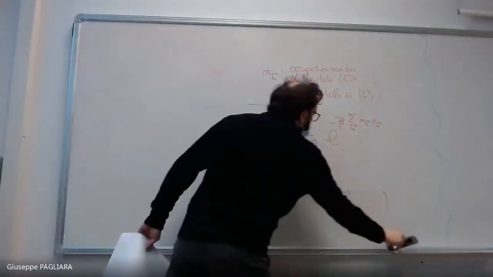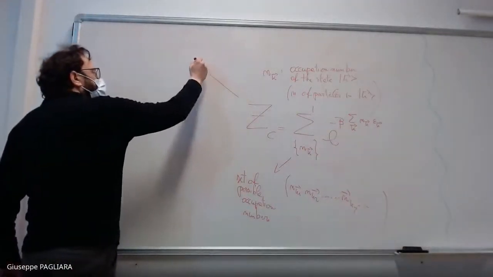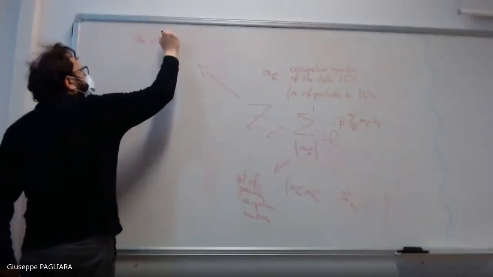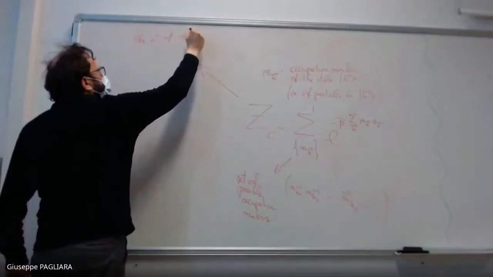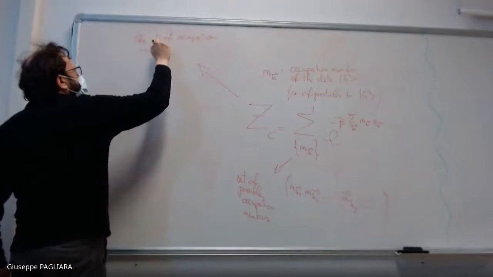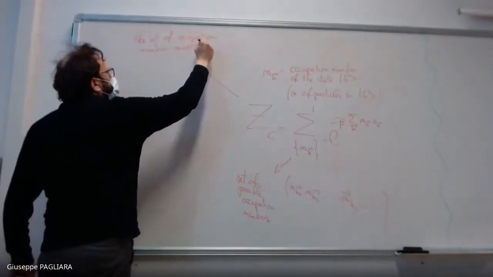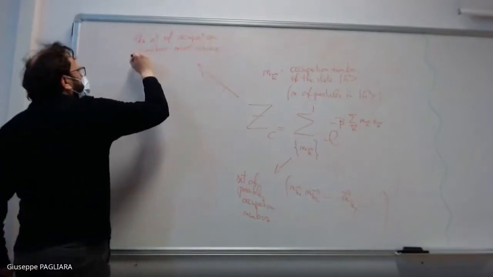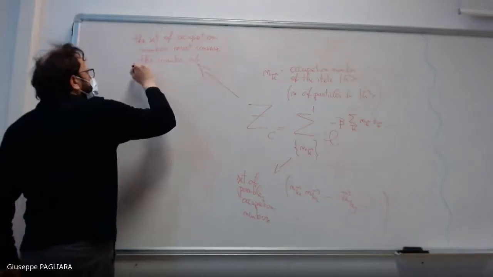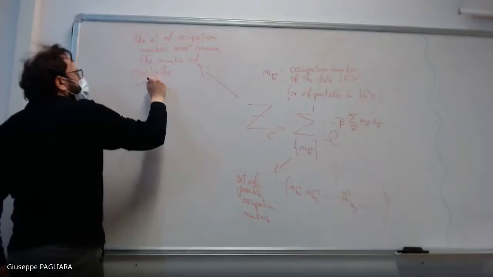So the prime indicates that the set of occupation numbers must conserve the number of particles in the canonical ensemble.